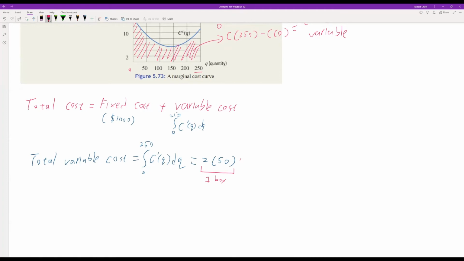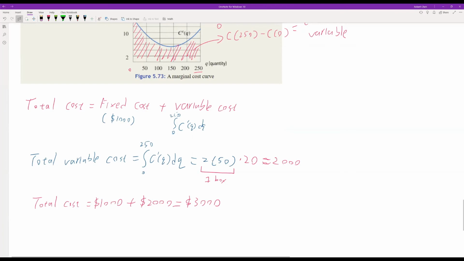Multiply by 20, and that gives you something around 2,000. So $2,000 is the variable cost. So we can say that total cost is equal to 1,000 fixed cost plus 2,000 variable cost, which is about $3,000.